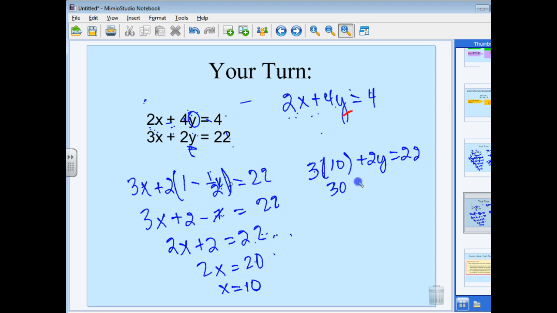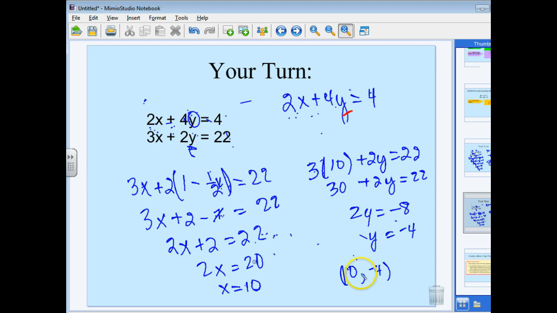So that's 30 plus 2y equal to 22. Subtracting 30 on both sides, we get 2y is equal to negative 8 and y is equal to negative 4. So our solution is 10 comma negative 4.